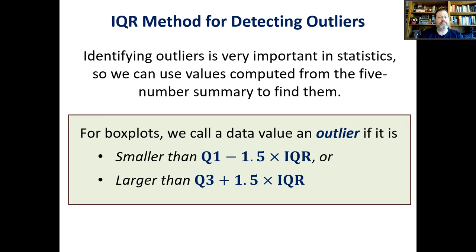For the vast majority of the homework, you're going to be given your 5-number summary and have to construct these endpoints for detecting outliers. So a data value is an outlier if it is smaller than Q1 minus 1.5 times the IQR or larger than Q3 plus 1.5 times the IQR.